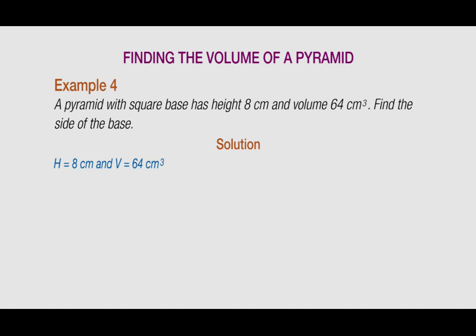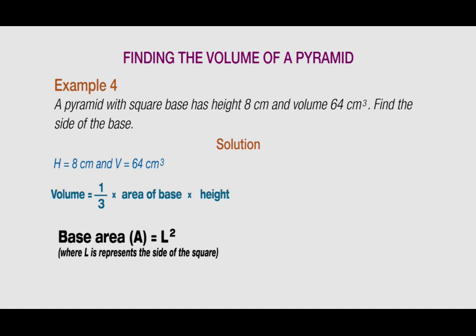So if we substitute this into our volume formula, which is volume equals 1/3 multiplied by area of base multiplied by the height, we know our base area to be L squared. Therefore, if you do our substitution, then we have 64 equals 1/3 multiplied by L squared multiplied by 8.